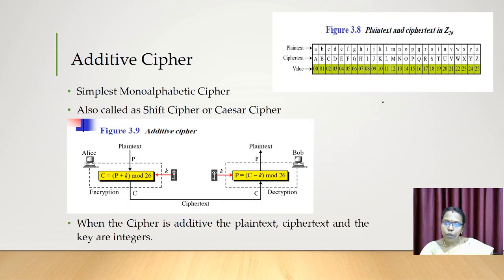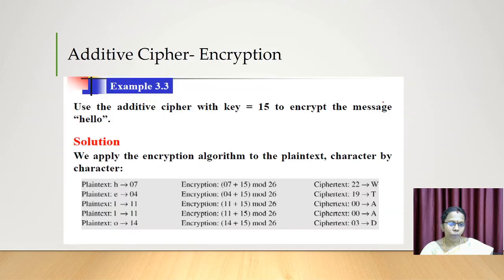H has the value 7, E is 4, and L is 11. Here we take the key as 15. So 7 plus 15, and we take mod 26, since the size is 26. So 7 plus 15 is 22.